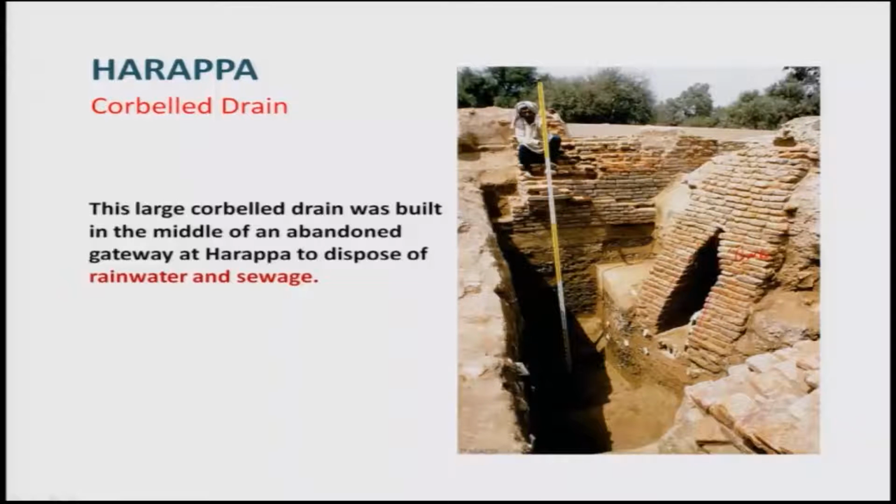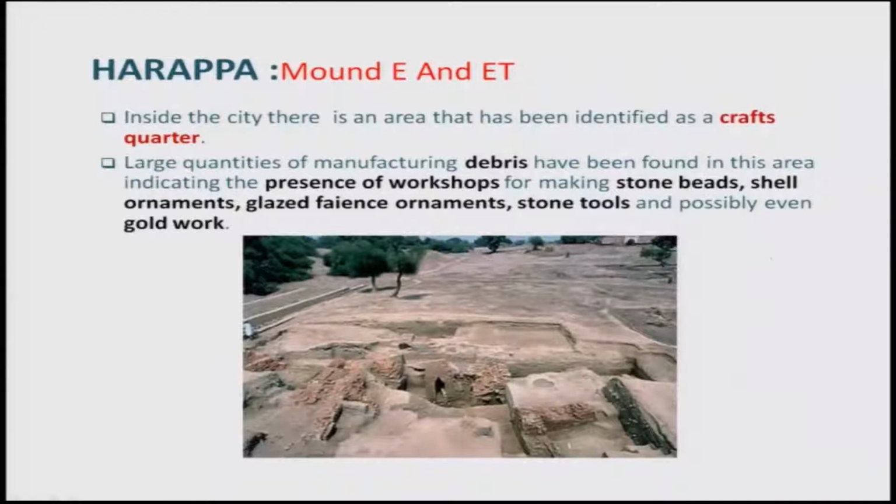In Mound E and ET, they could find some places to be craft workshops or quarters, because they found a lot of debris which might have come from manufacturing certain items in those areas.